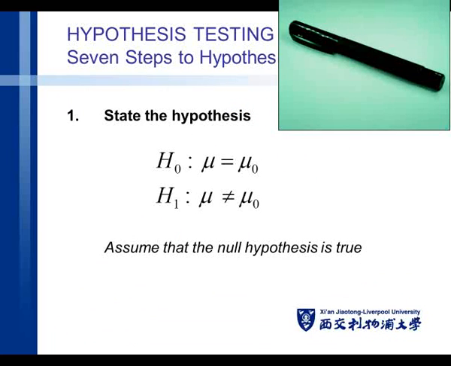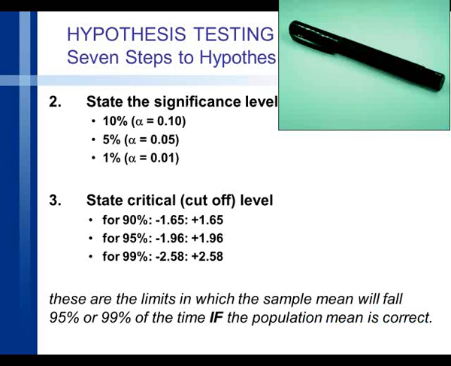So let's go back to the procedure. State your hypothesis, select your significance level, and then based on the significance level, you're going to find from the standard normal distribution what the cutoff values are. Okay?